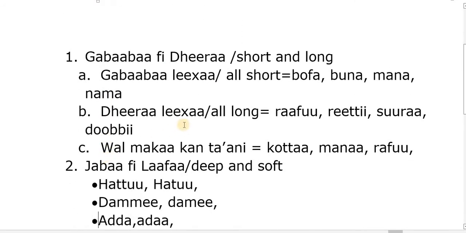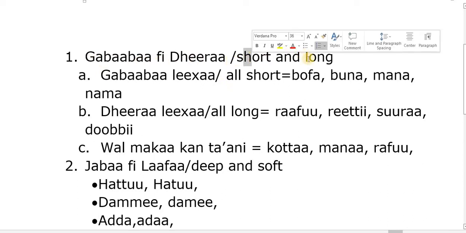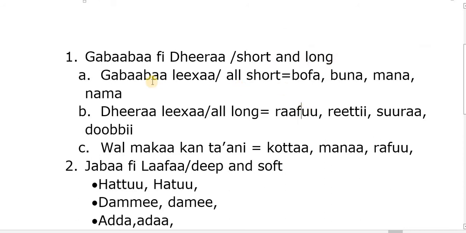So, the first one is short and long. Gababa, fitera, short and long, which we already said. So, short means when we stay only for a short moment on the word. Bofa, buna, mana, nama. So we only stay on them very short.